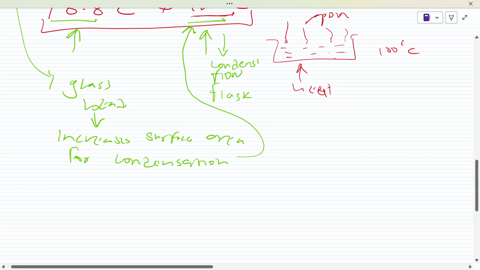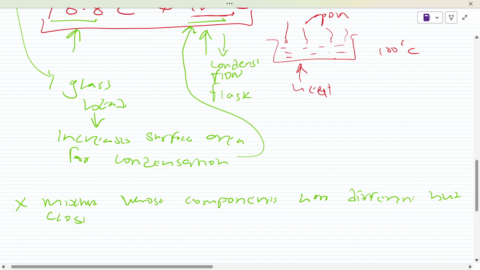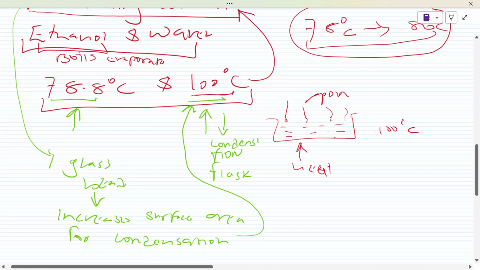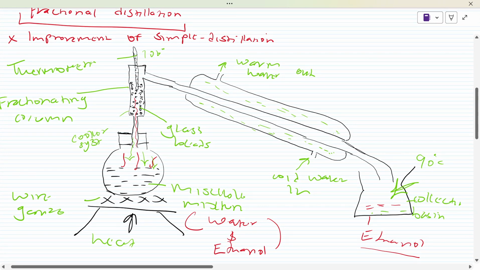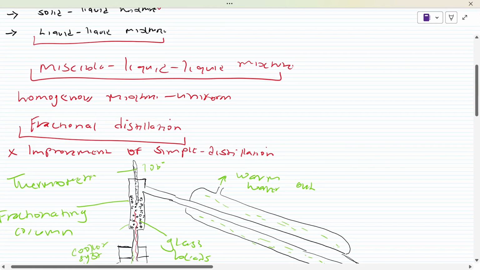The major thing about fractional distillation is that it separates mixtures whose components have different but close boiling points. That's the major use of fractional distillation as a separation technique: to separate miscible liquid mixtures.